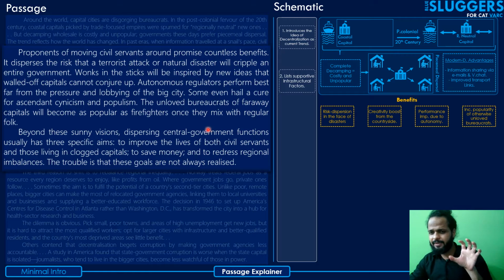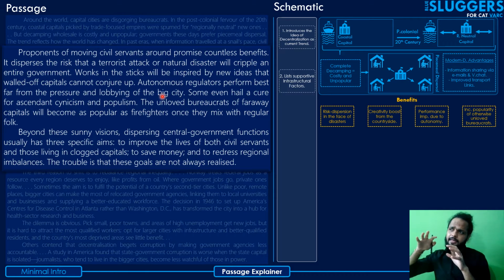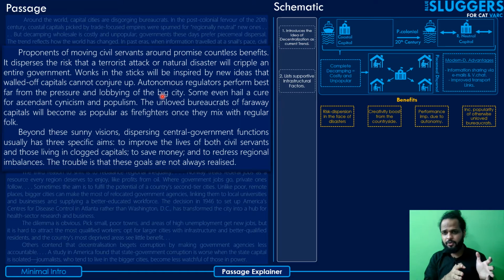Okay, now to understand this, we need to bring in the notion that people generally have about government officials, right? So guys, the way we generally think of government officials or bureaucrats, there's generally a negative connotation or a negative kind of attribution used for government officials, which is basically on the lines that they are insensitive towards the needs of the common people.